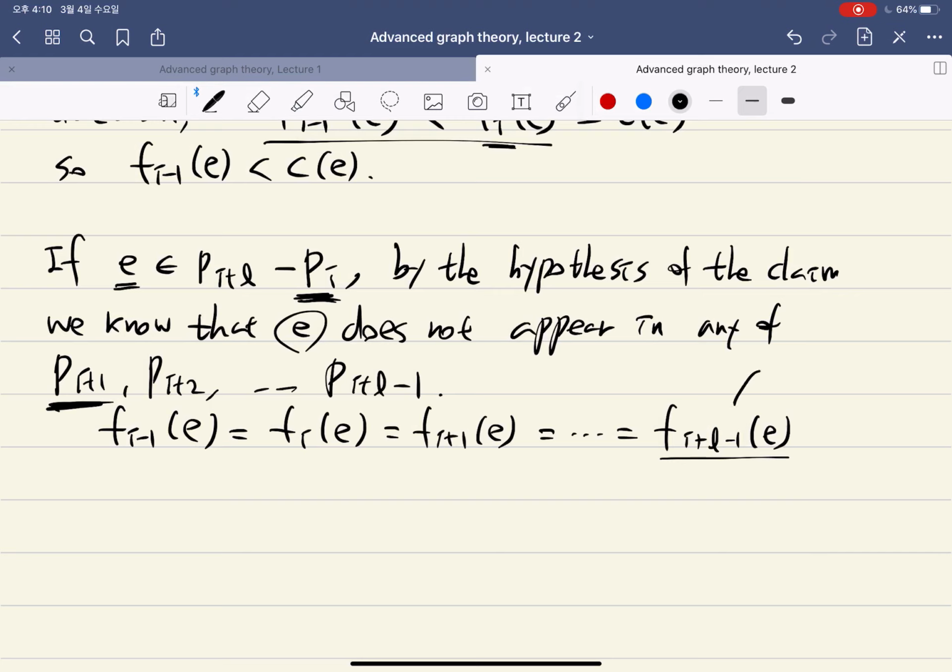But at this time, we augment it by pi plus l to get f sub i plus l.